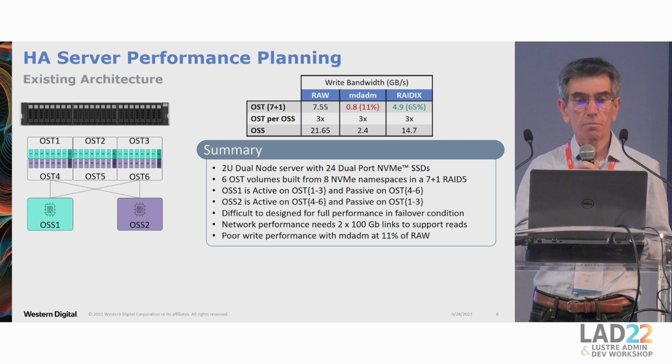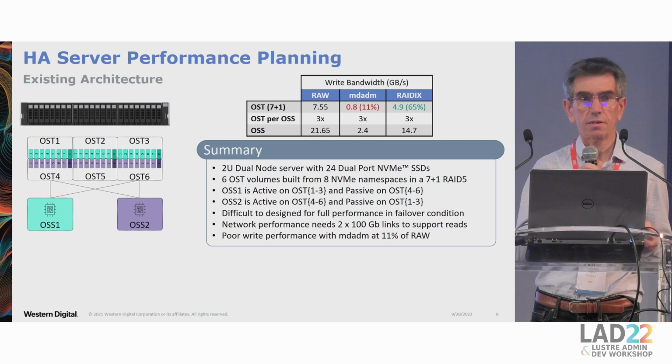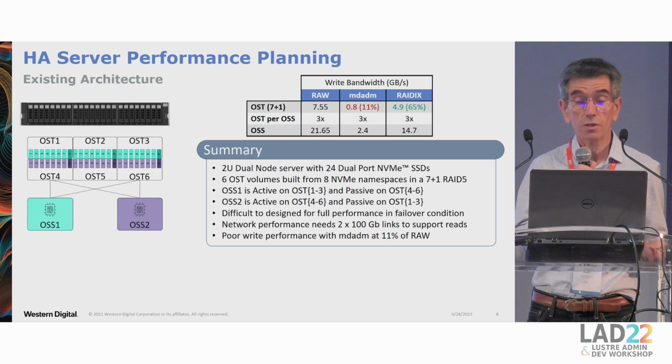So in this example, you have basically 2 OSS, 6 OST, 3 OST per OSS, and each OSS is, of course, active and passive. OSS1 is active on OST 1, 2, and 3, and passive on OST 4, 5, and 6.